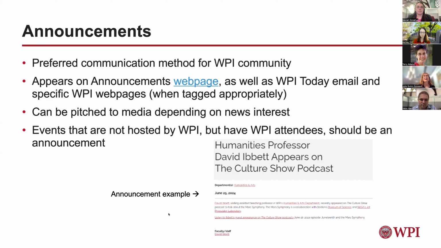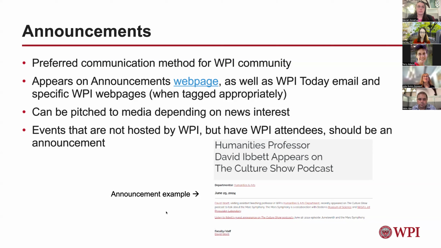I think people sometimes don't know the difference between, well, why should it be an announcement? Shouldn't it be a news story? Because news stories are designated for something that the media would be very interested in. They go by specific guidelines about research and that sort of thing. However, depending on the news interest, we can pitch announcement content to the media.